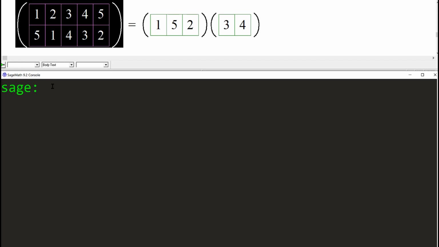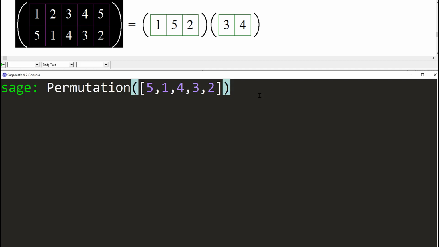So here we are going to use our free computer program to break a given permutation into disjoint cycles, and we are going to write this same permutation. And remember, the way Sage Math will take it is that we will just write the sequence of the images, in the order in which they occur, for 1, 2, 3, 4, 5.